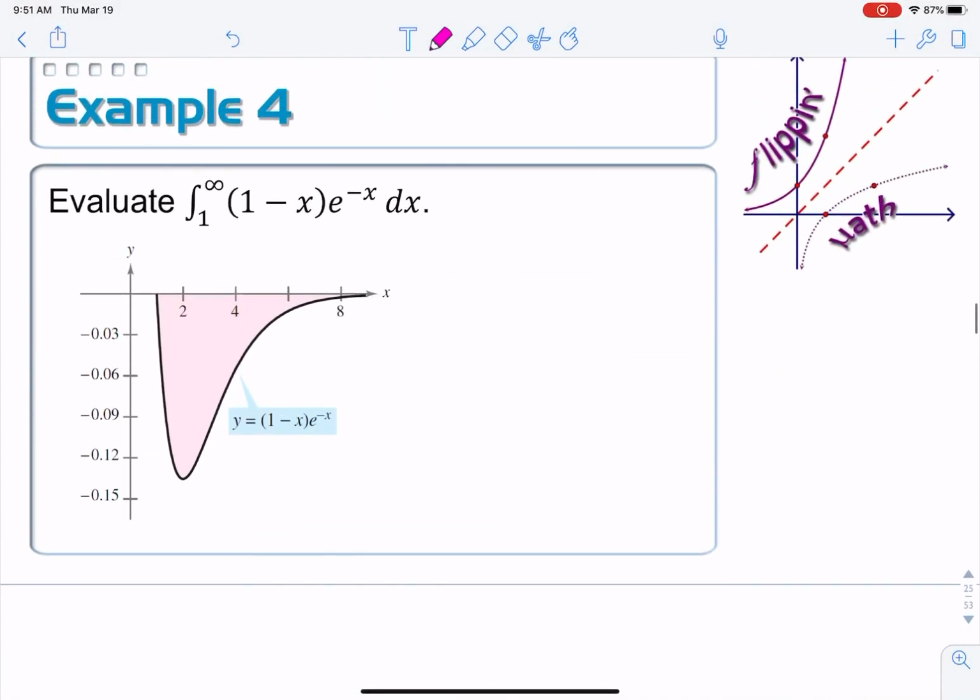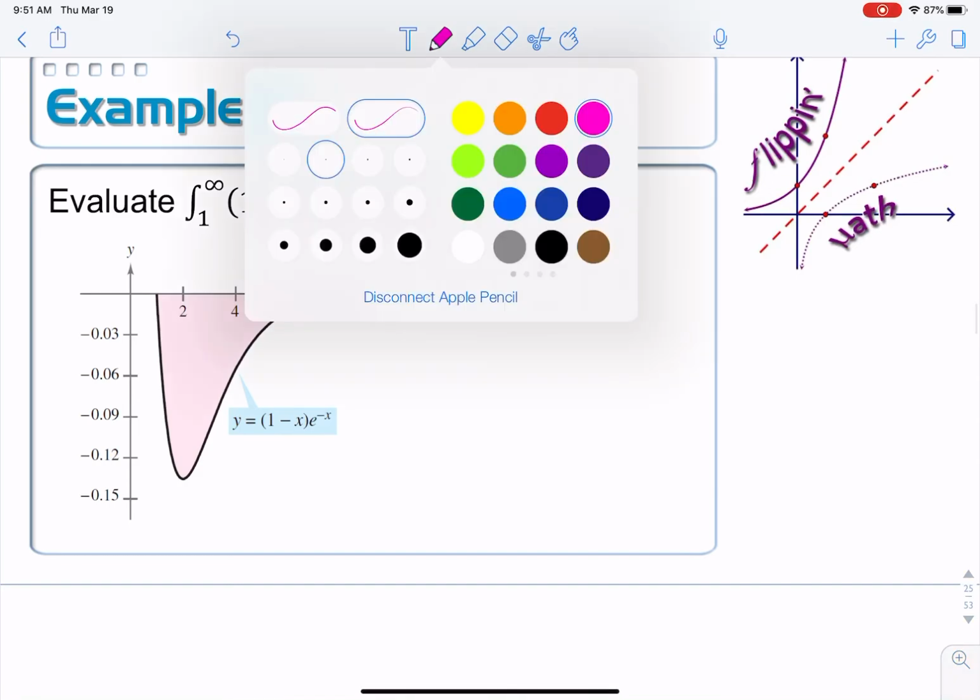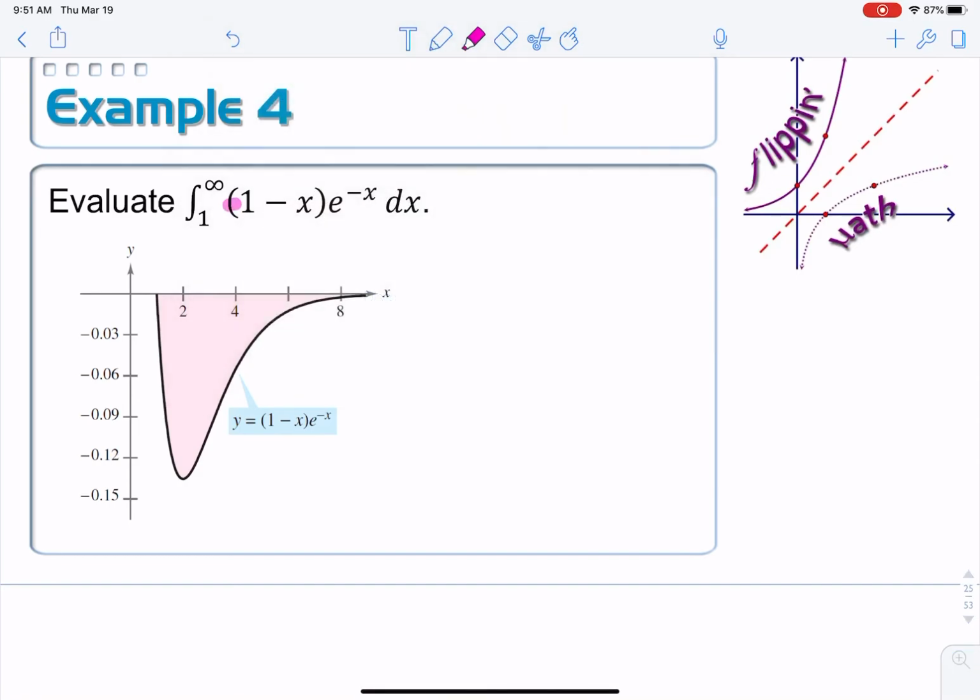All right. Now, let me highlight some stuff here, because I want to use integration by parts. How do you even know that you have to do integration by parts? The way that I know is that you've got some sort of polynomial being multiplied by a transcendental, an exponential function.